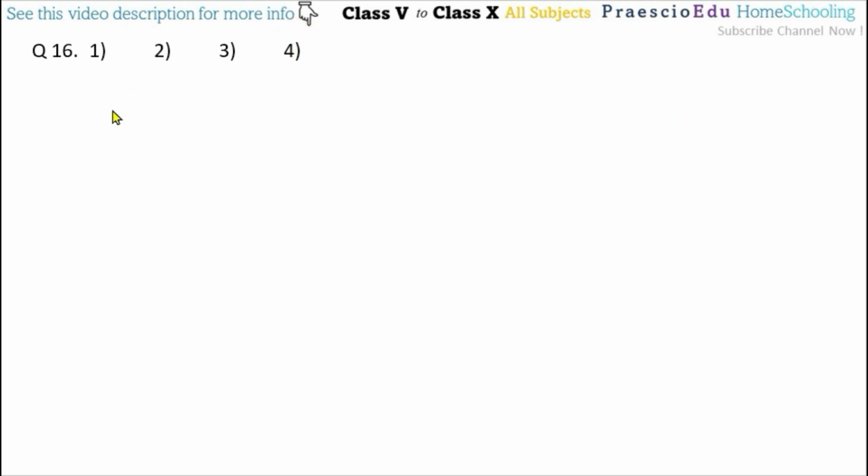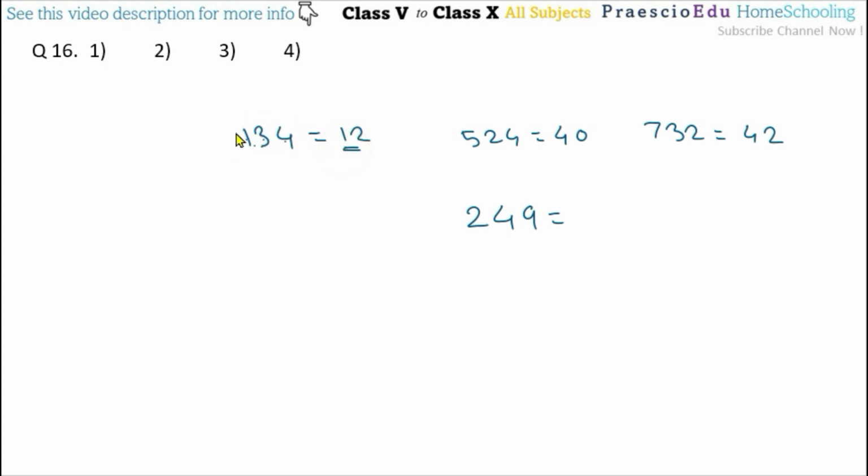Then question number 16. In a code, 134 is equal to 12, then 524 is equal to 40, and 732 is equal to 42. So find out 249 is equal to how much? If you multiply all the digits, 1 multiplied by 3 multiplied by 4, we get 12.